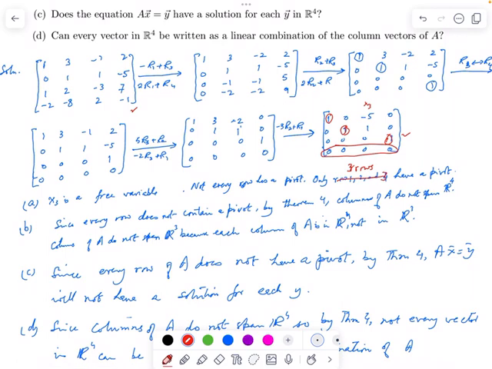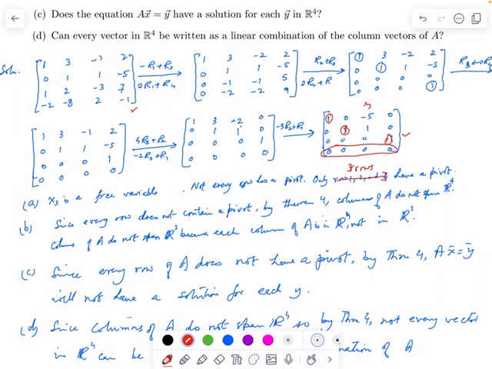The answer will be no, because not every equation Ax is equal to y has a solution, so not every y in R4 can be written as a linear combination of the columns of A. So applying row operations, all the answers can be given based on the row reduced echelon form of the matrix that we have.